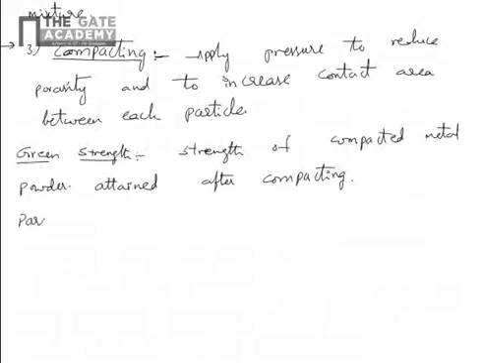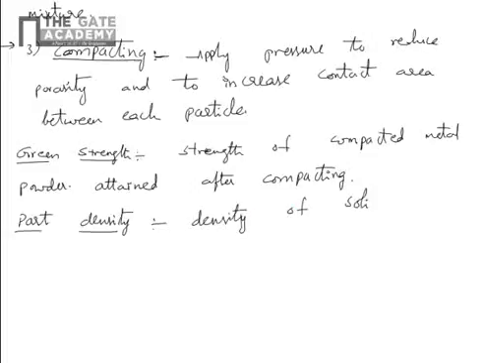Part density is the density of the actual solid part. Apparent density is the density of the powdered particles after compression.